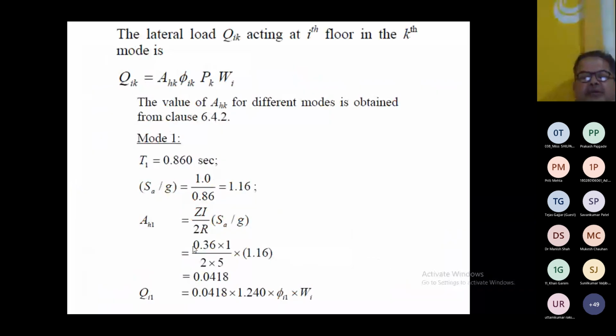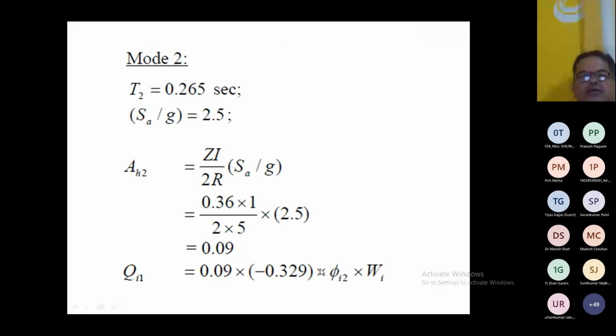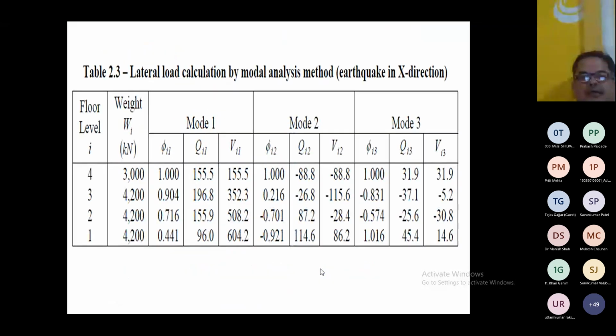And then we calculate this value, the value of Q, meaning the lateral force which is acting at the floor level, right? For mode 1 we calculate in the same way, then for mode 2, mode 3, right?